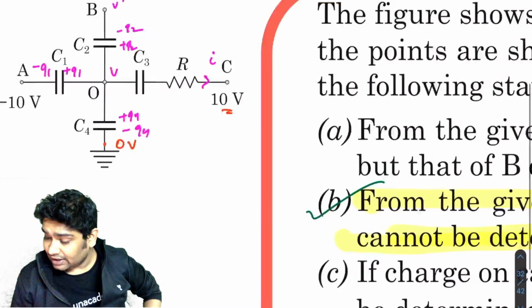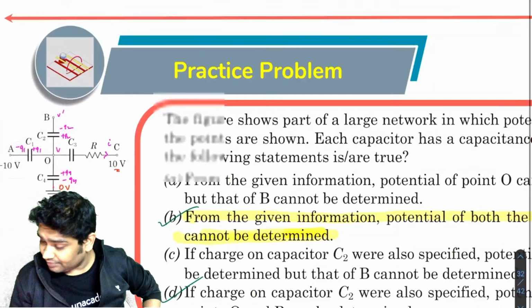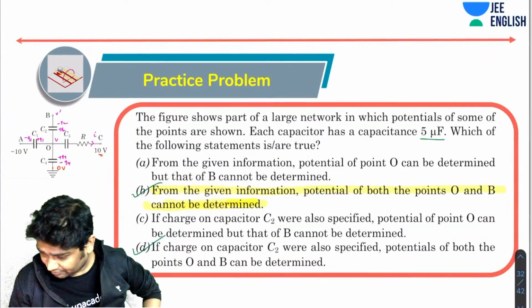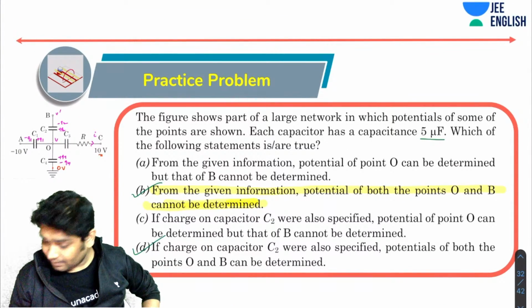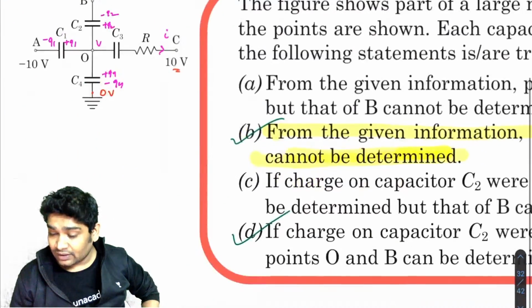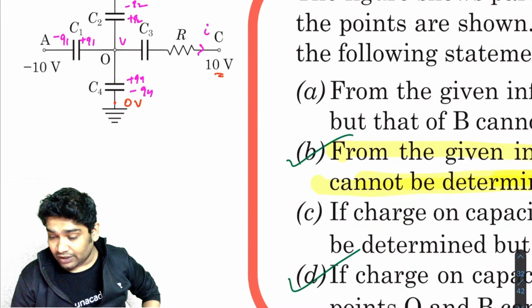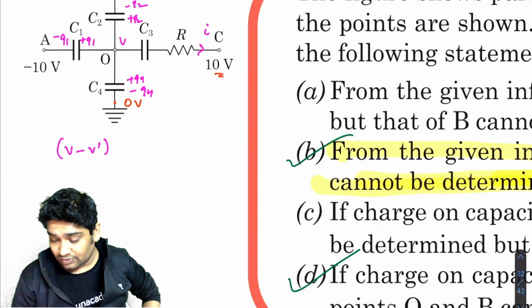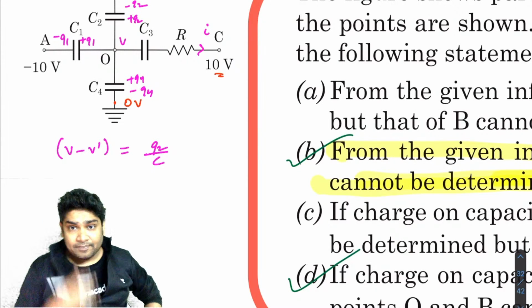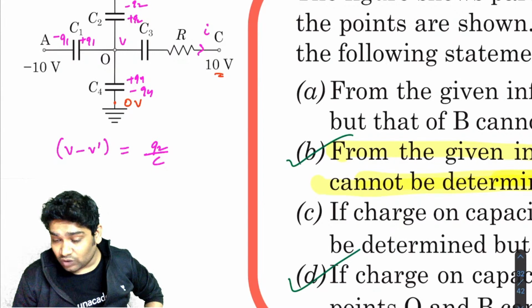Are we talking about steady state? Okay. Now, once the charge was known, I would have been able to tell you V minus V dash. That is obviously known to you. That would have been Q2 over C2. Now, what else could I have found out?